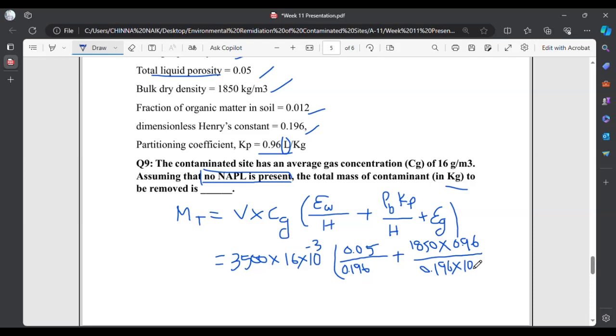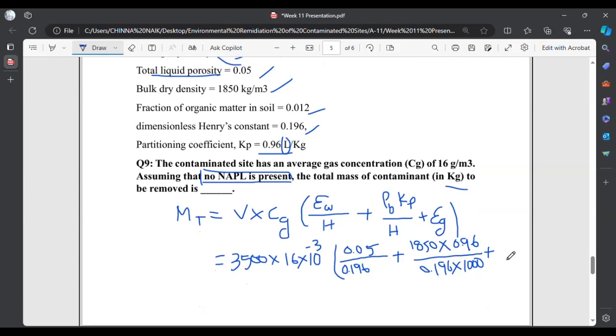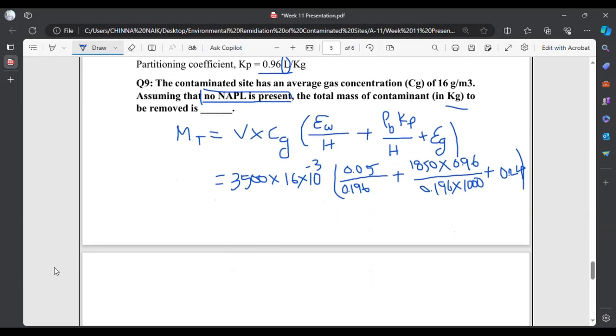So Kp is 0.96 divided by 1000, Henry's constant 0.196, plus porosity of gas 0.24. Please, can someone calculate and tell me the answer? The answer will come directly in kgs.